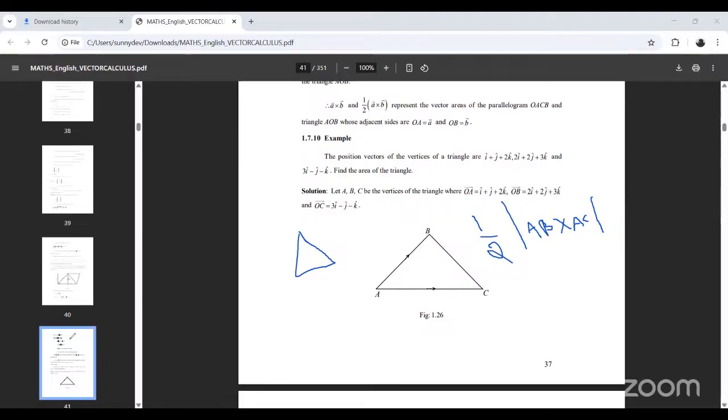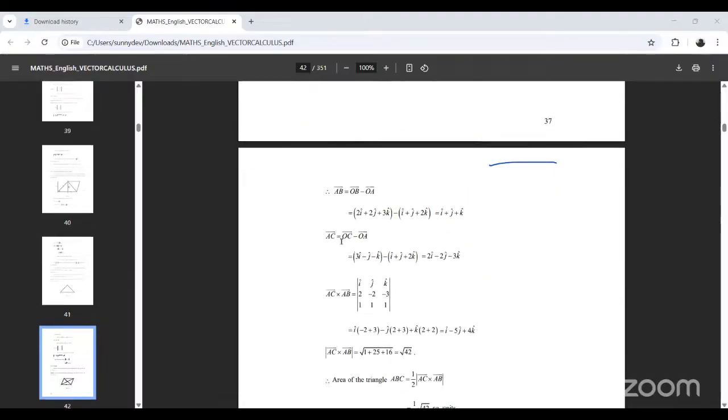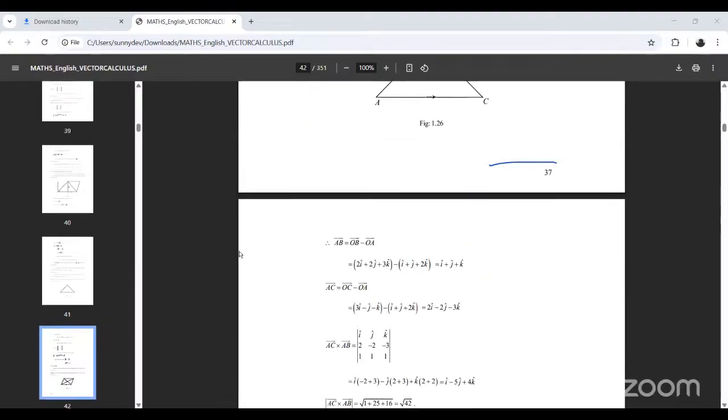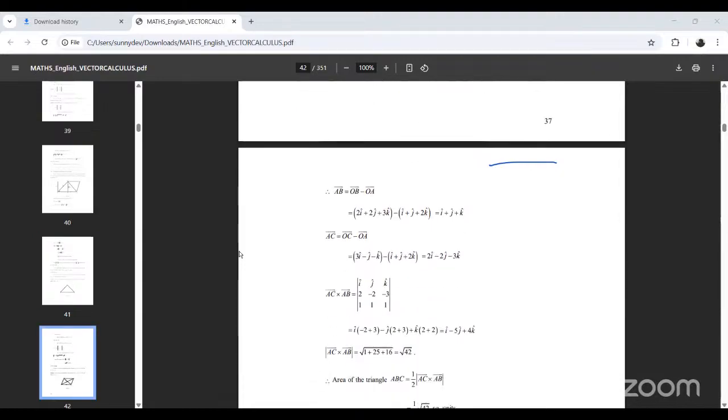Okay. Now these are the three vectors. Now this is AB and this is AC. You know how to find AB: OB minus OA. AC means OC minus OA. So AC cross AB, i j k, 2, minus 2, minus 3, 1, 1, 1. Then the modulus of AC cross AB, we are getting that.